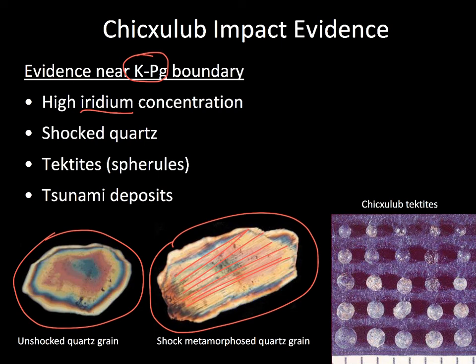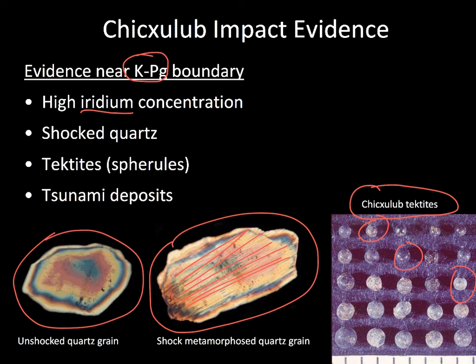As that liquefied material sprays out into the atmosphere, it resolidifies very quickly, such that it doesn't have time to form an organized crystalline arrangement. So it recrystallizes quickly into a glass-like substance, and that's what these tektites or spherules are. You can see some that are associated with the Chicxulub impact. They're finding these little circular beads or droplets in the KT boundary with increased prevalence near the Chicxulub impact site. This indicates that a high energy event served to liquefy the Earth, forming these liquid glass beads.